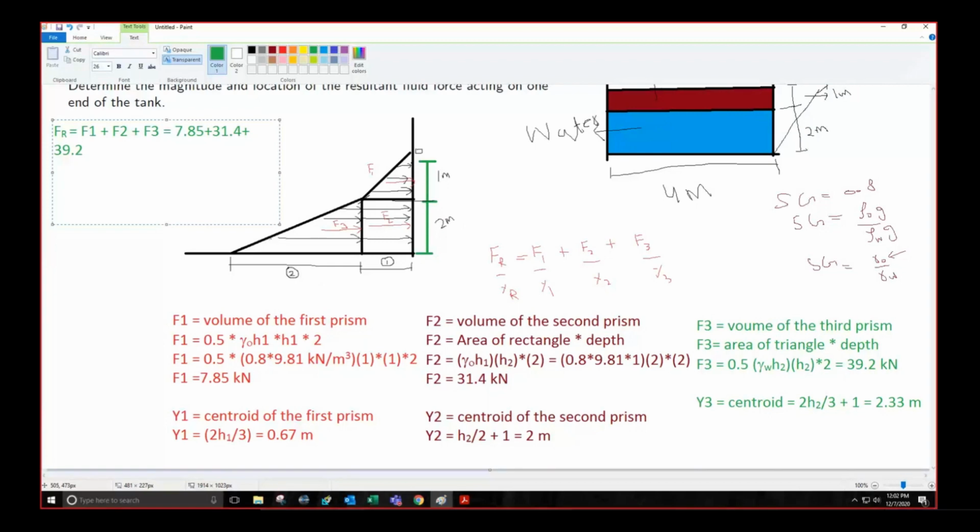So FR is 7.85 plus 31.4 plus 39.2, 78.45. It is almost equal to 78.5 kilonewtons. Clear?